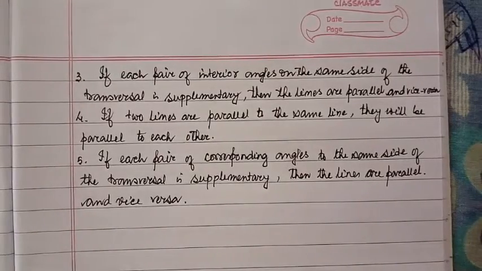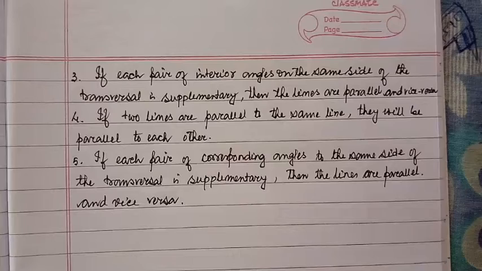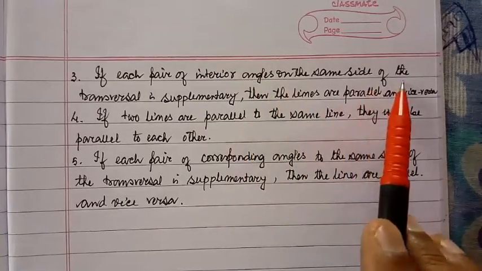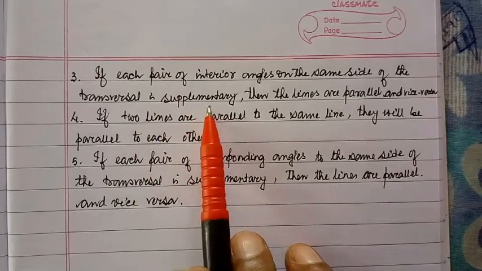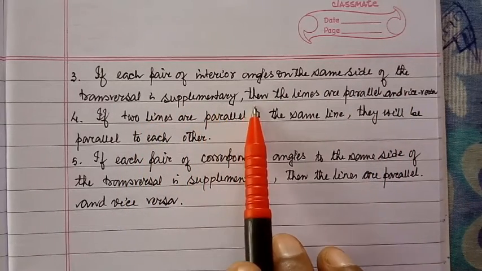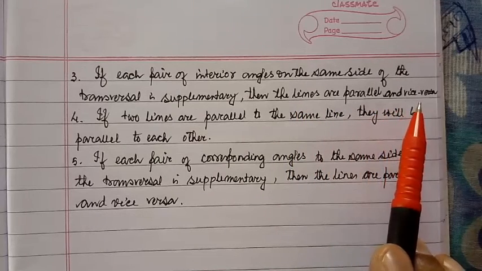Now, third criteria, if each pair of interior angles on the same side of the transversal is supplementary, then the lines are parallel, and vice versa.